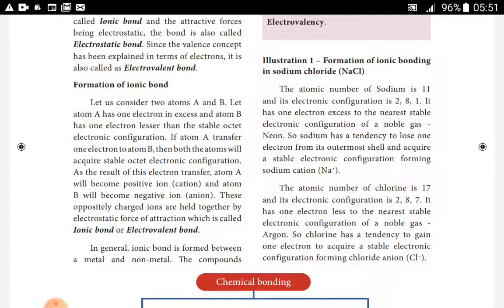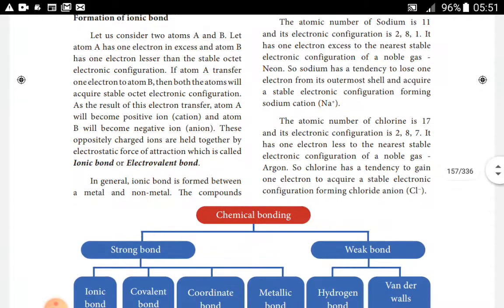So automatically the tendency of sodium is losing 1 electron from the outermost shell. By losing 1 electron, the sodium atom becomes a positively charged sodium ion, a cation. Also we have to consider that the atomic number of chlorine is 17.